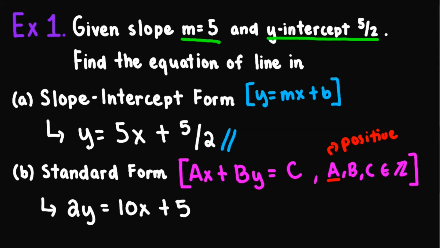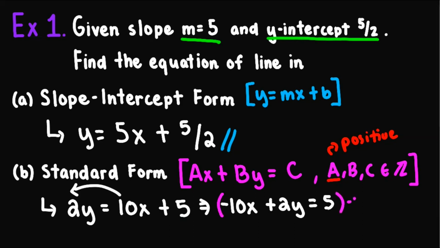The next step is to obtain this form now. So what we can do is move 10x to the left, and that will give us negative 10x plus 2y equals 5. But since we want the coefficient of x to be positive, we still need to multiply both sides by -1.